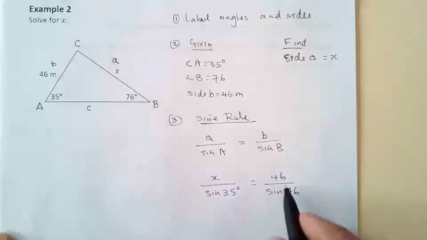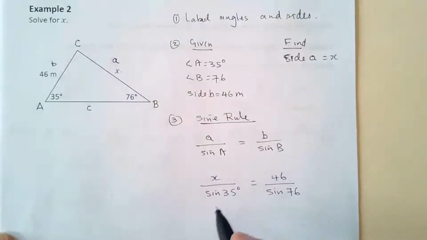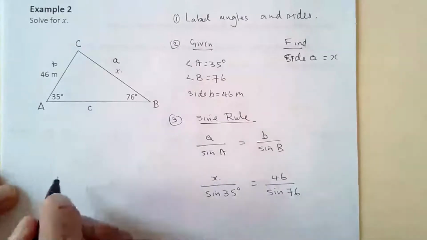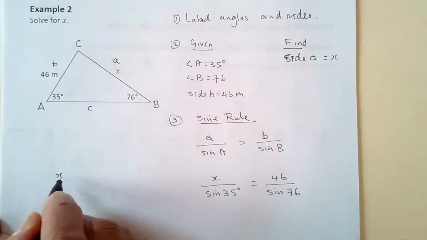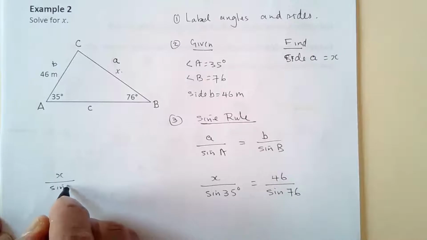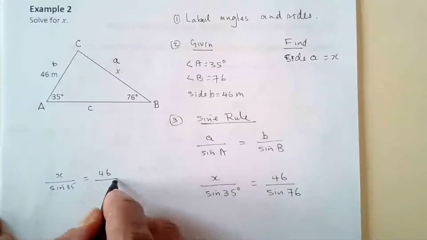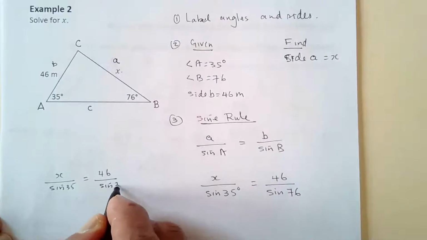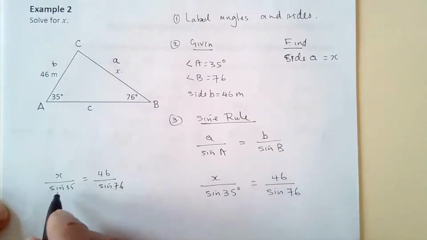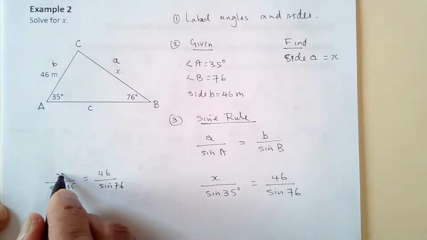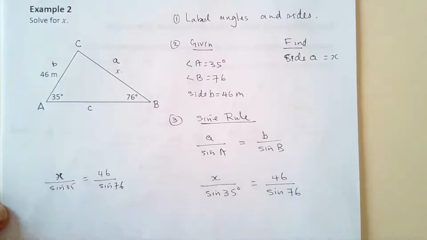You can continue with cross multiplication, but another easier way of doing this is: x over sine 35 is equal to 46 over sine 76. I need x by itself, so I need to move sine 35 from the left to the right.